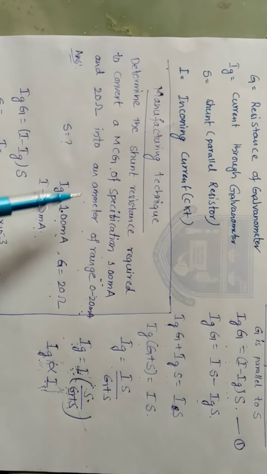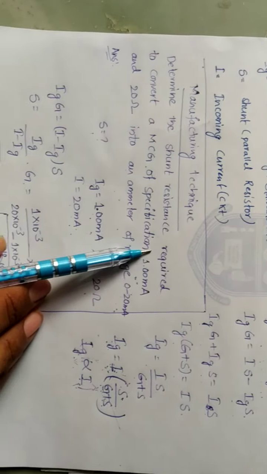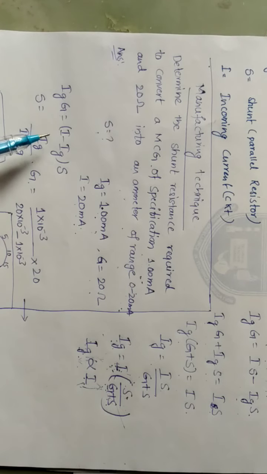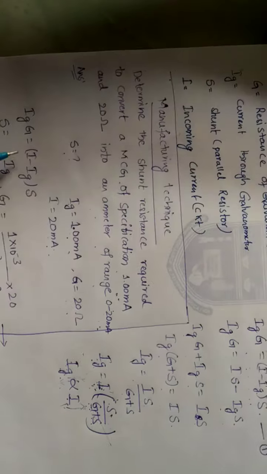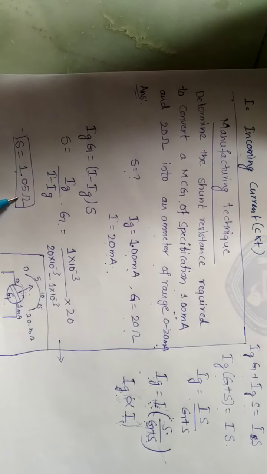Now we need to find the shunt resistance using the same formula: Ig into G equals (I minus Ig) into S. Rearranging, we get S, the shunt resistance, and finally we get a shunt resistance of about 1.05 ohms.